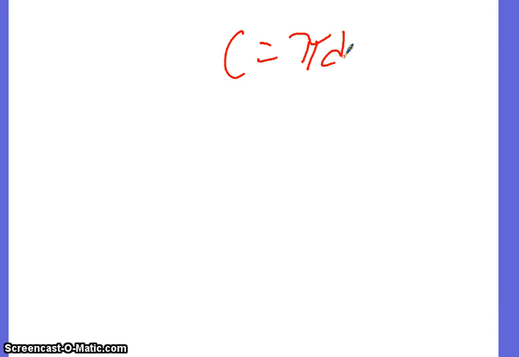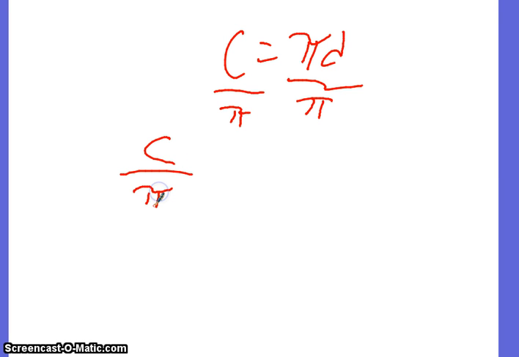Okay, so how would I do that? This is multiplication, isn't it? So I'll divide by pi on both sides. What does that leave me with? C divided by pi equals the diameter. Or I can flip-flop that to say D equals C divided by pi.